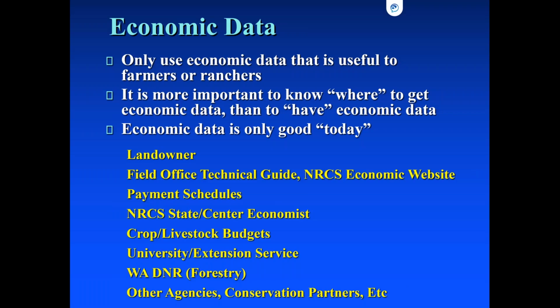So right now we're a little low on that, but we do have some area agronomists that could be helpful to you folks out there. The Washington DNR, I get a lot of information from them. They collect costs. They even publish some costs out there. So if it's forestry, I work with them a lot. And you can also look at other agencies, other conservation partners for this kind of economic data.